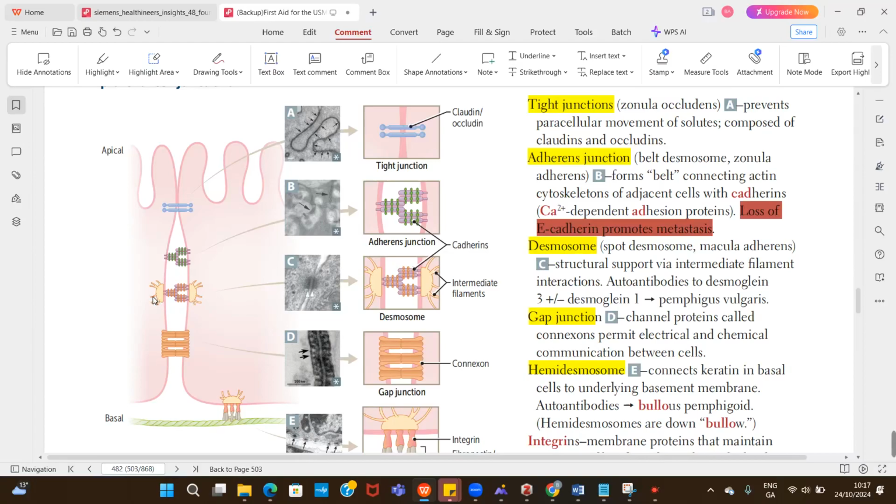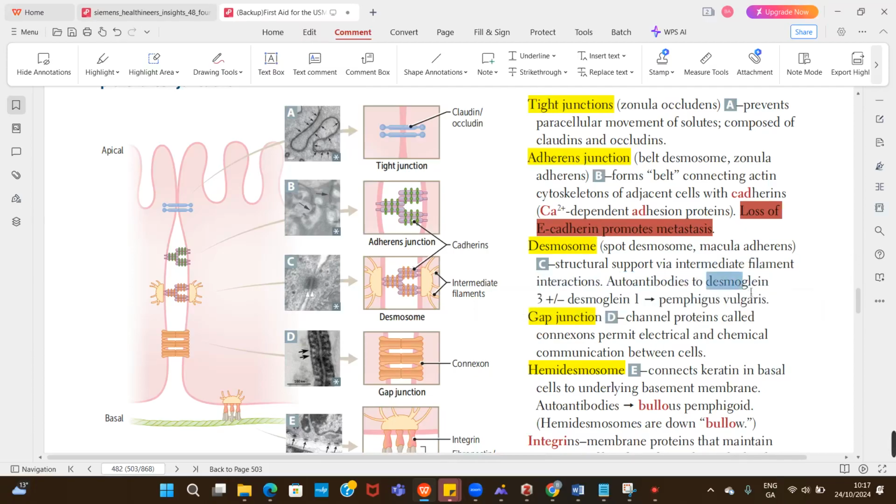Keratin is an example of an intermediate filament. So your desmosome helps to attach one keratin to another keratin with the aid of your cadherin. Now, what do you call the cadherin here? You call them desmogleins. That's the word.